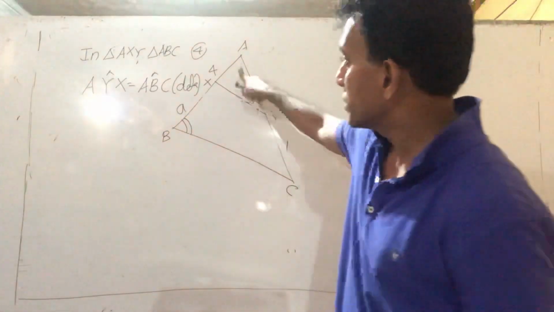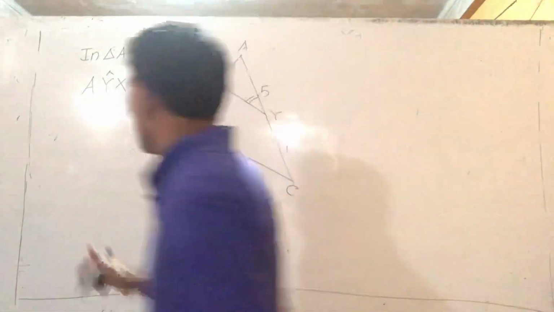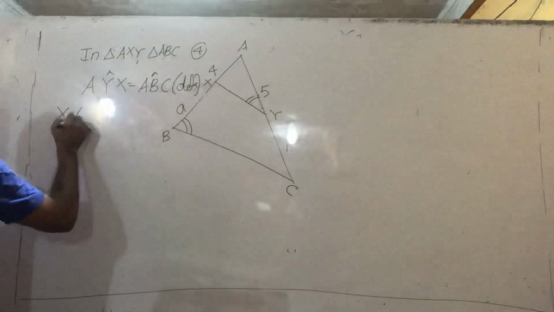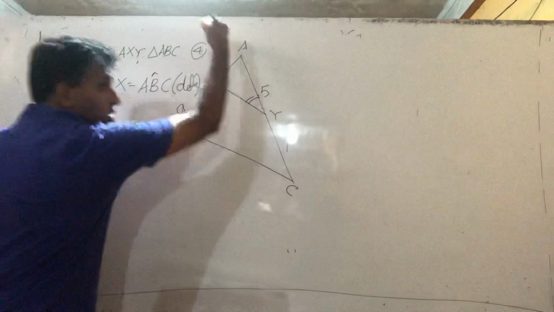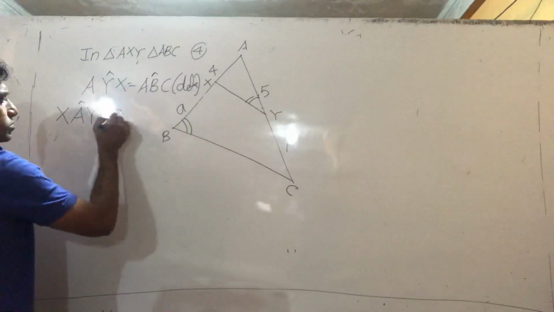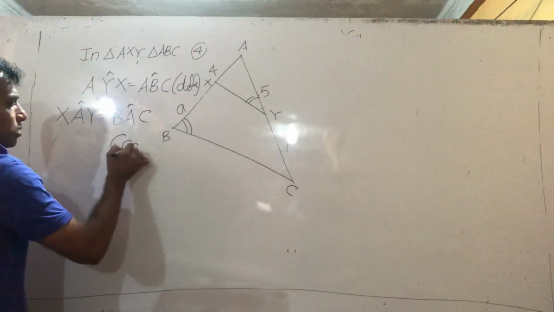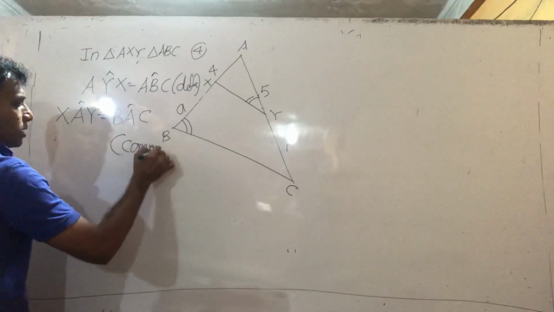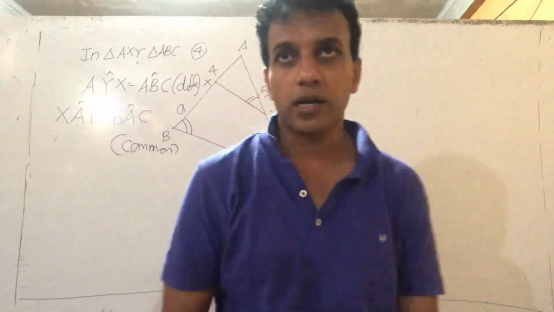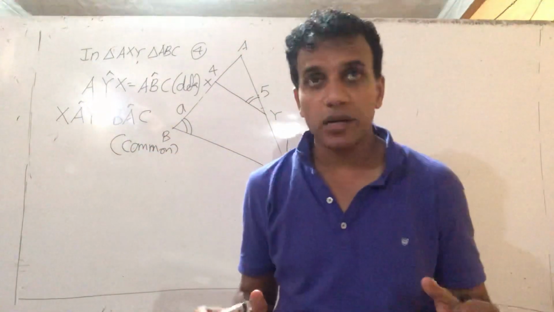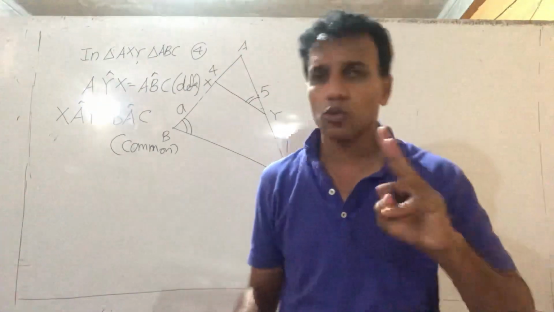Next, this angle XAY in the small triangle equals the big one, BAC. Reason: common angle. Therefore, the small triangle is equiangular to the large one. That's all. Two angles are enough, a third is not needed.